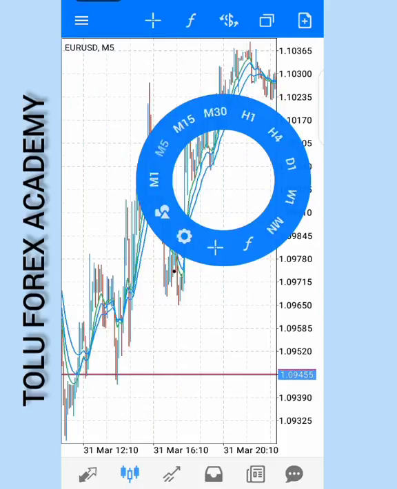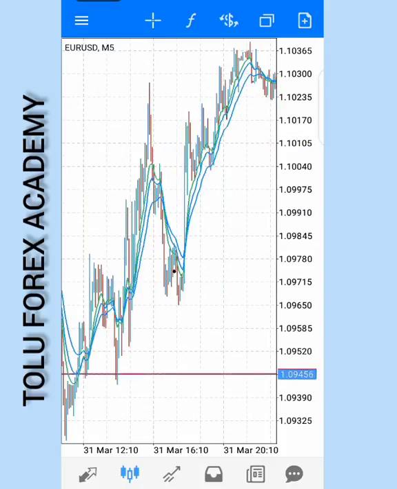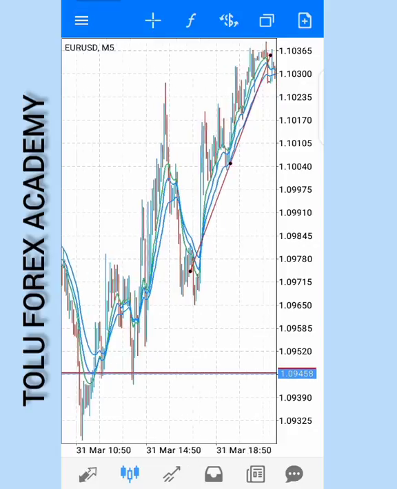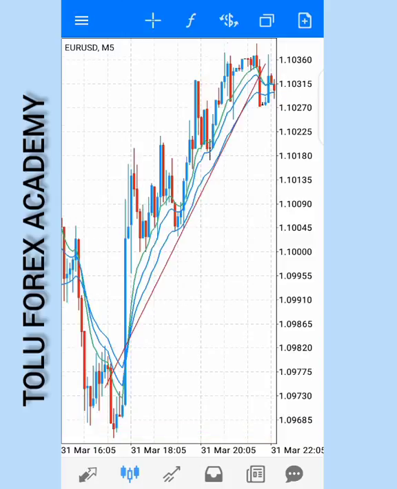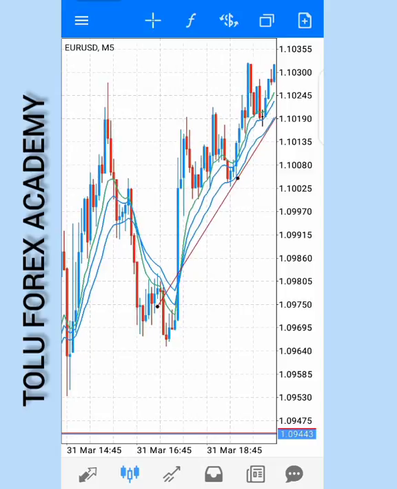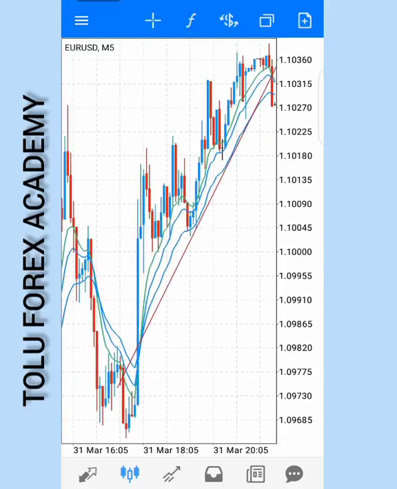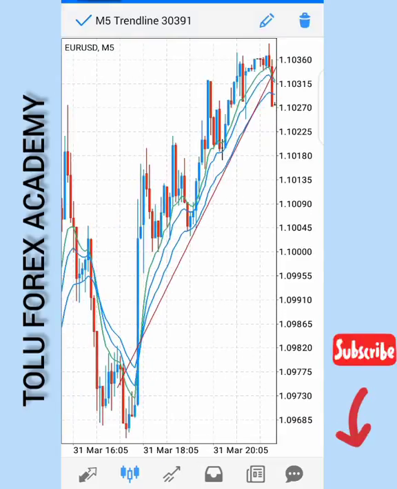You buy and then it goes up that way. So you buy and it goes up and you are in profit if you have entered the trade at that point.